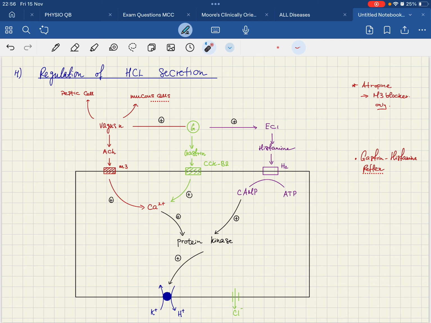So HCl secretion will have, first of all, the action of the vagus nerve, and then we'll have the G cells, and then here ECL, which stands for enterochromaffin-like cells.